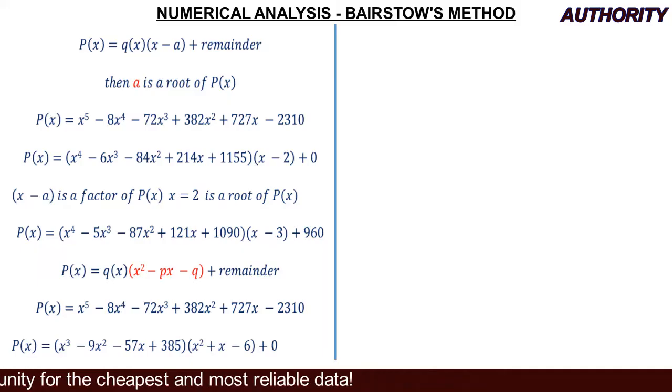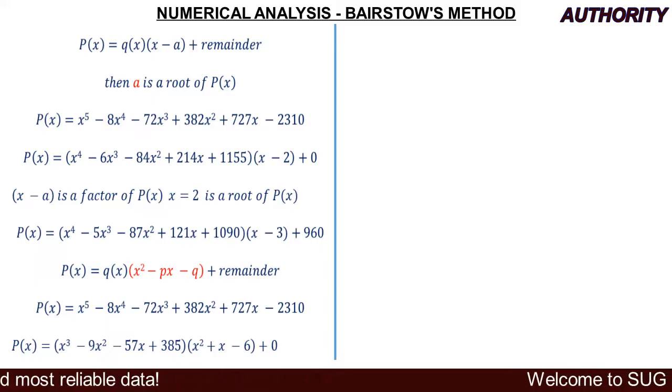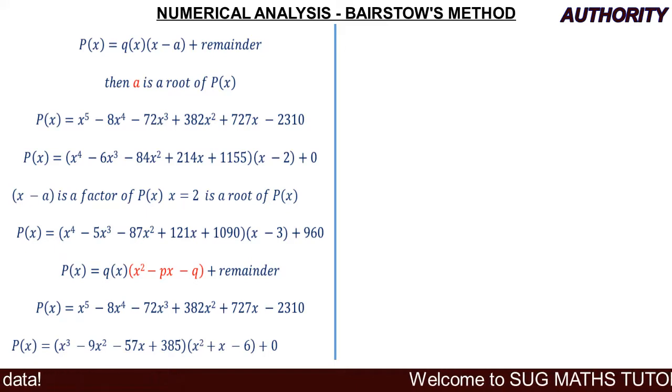This is a polynomial of degree 5. When you extract a quadratic from this polynomial, you are now having two polynomials, right? One is of degree 3 and one is of degree 2. You already know how to find the root of degree 2, which is quadratic. You can find it, right? Good.